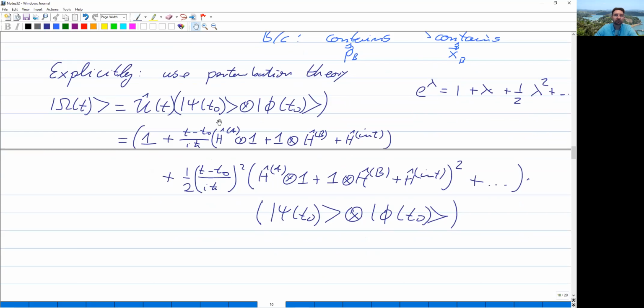Okay, and I guess you see how this works out, how you could actually, if you wanted to, and in practical applications, you may have to, actually work out what that is. So the first term would be, this is equal to 1 times the initial state. So it's psi of t naught tensor phi of t naught plus, and then we have t minus t naught divided by i h bar. And then you have this operator acting on that state.